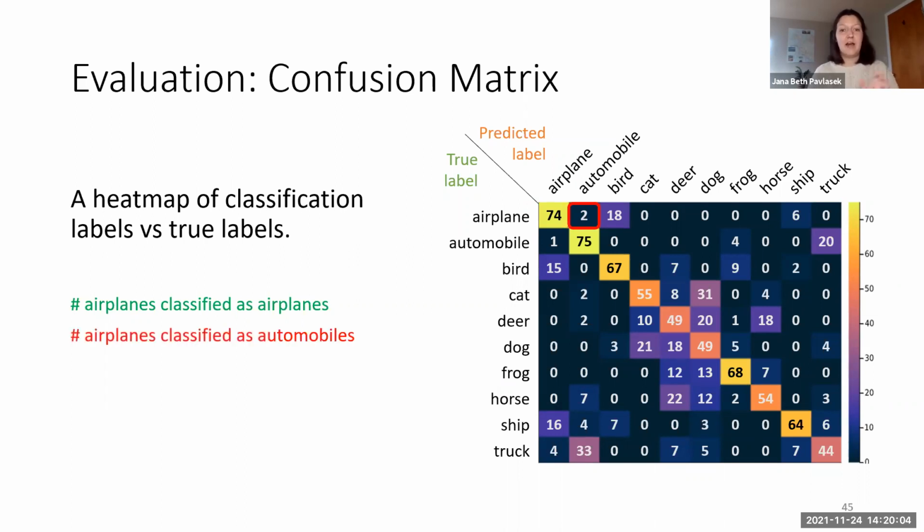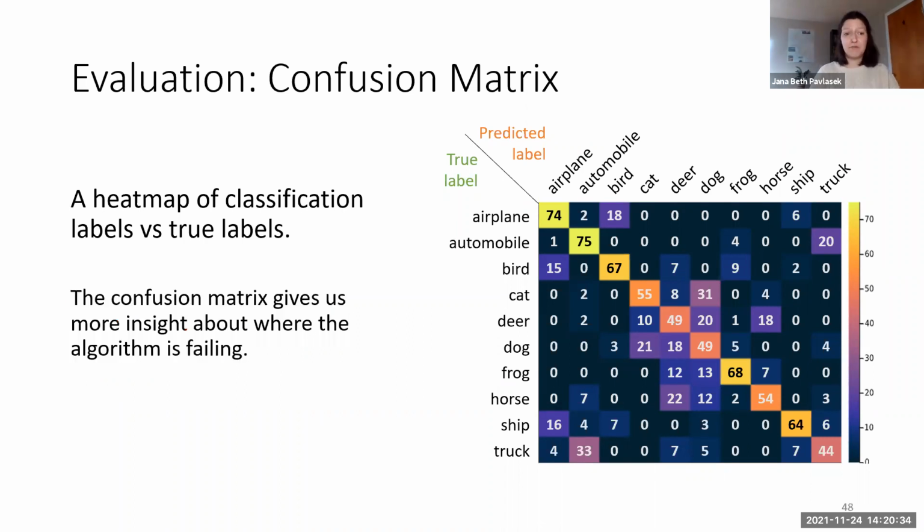If I move along my row, I had 2 airplanes predicted to be automobiles, and then 18 airplanes predicted to be birds, etc. I do that for each of my categories. For all of my airplanes, I count up how many of them were predicted to be airplanes, and then for each of the other classes.